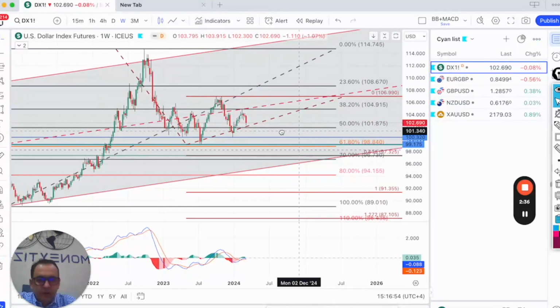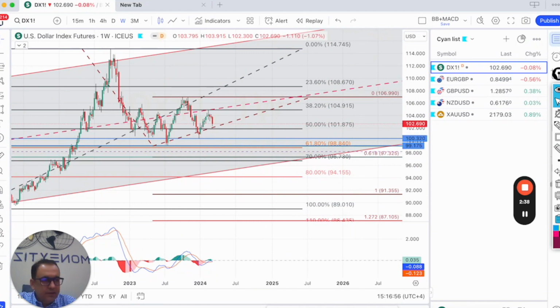Based on the downward cycle, we have the first push down, it created a higher high, which was a false high. Now it has started pushing downwards and it is creating a sequence of lower highs, which is a clear sign of weakness. Even on MACD, we can see that it has formed a bearish crossover and now it is turning bearish.